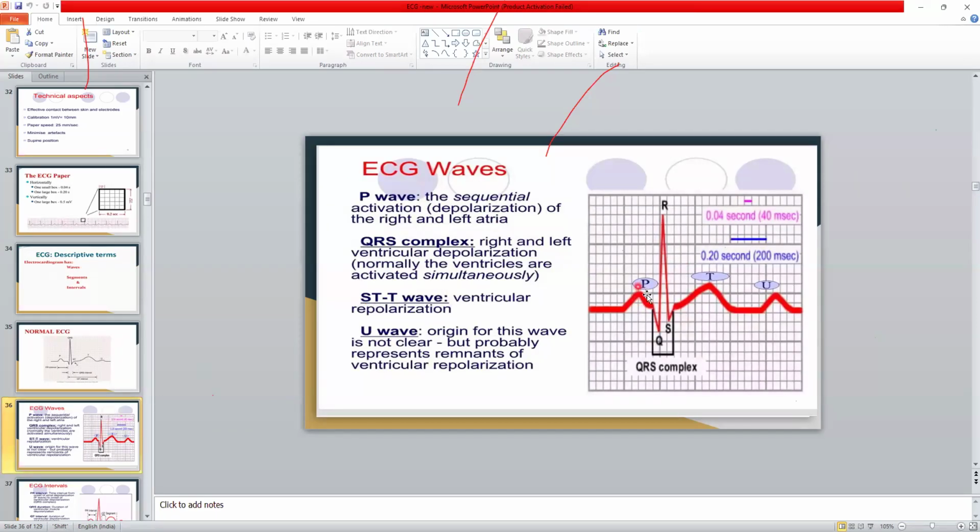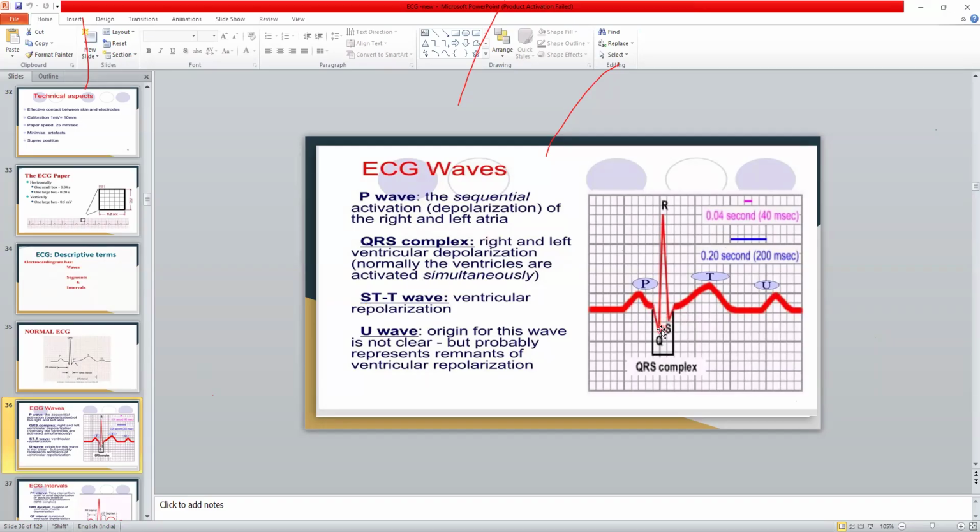The first positive wave is the P wave. P wave is the sequential activation, that is the depolarization of both left and right atria.